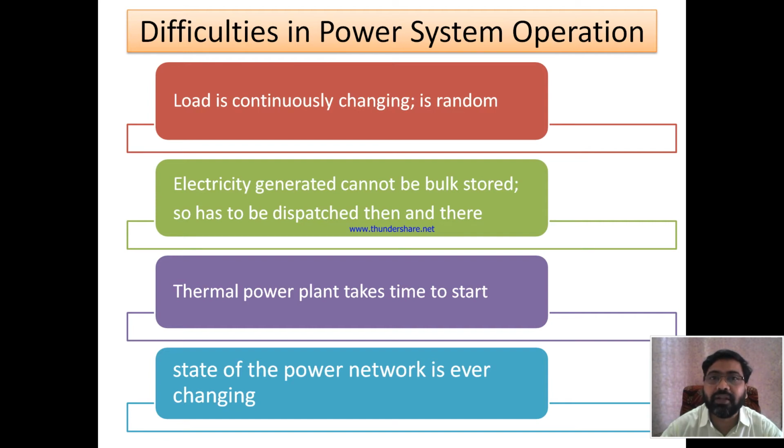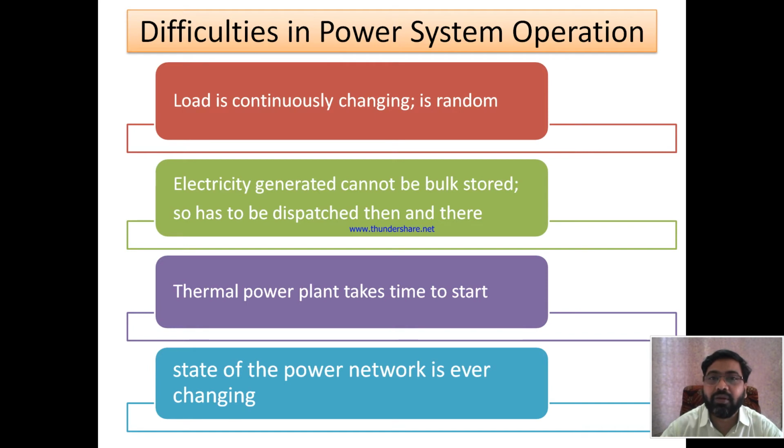Then if you want another thermal unit to be added, you cannot do so immediately, because the basic attribute of a thermal power plant is it requires some time to start. It cannot be started instantly. So that is the reason why generally thermal power plant is not used to meet sudden changes, sudden increase in load. Generally, hydro units can be started immediately.